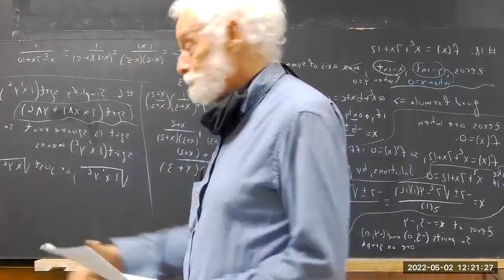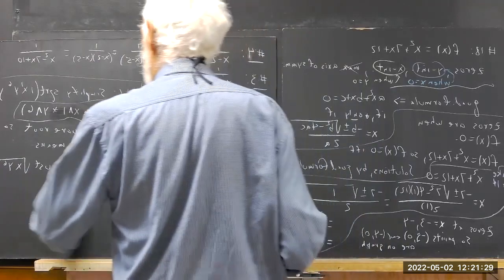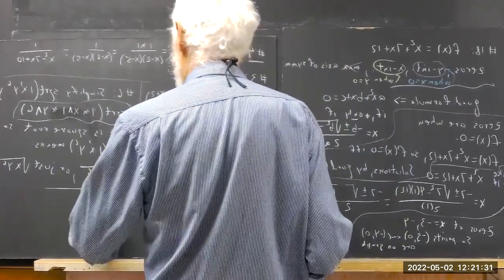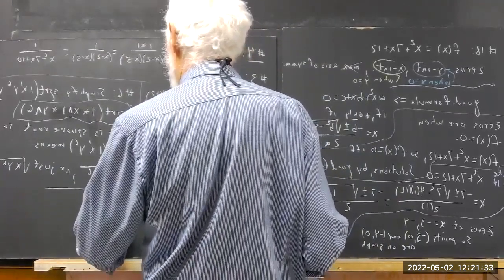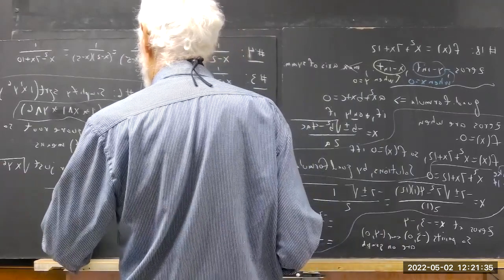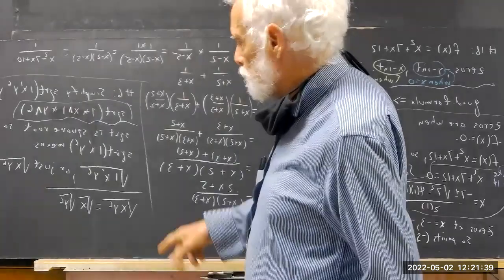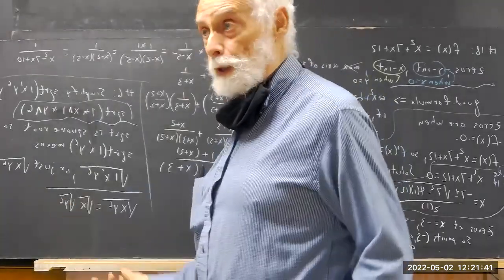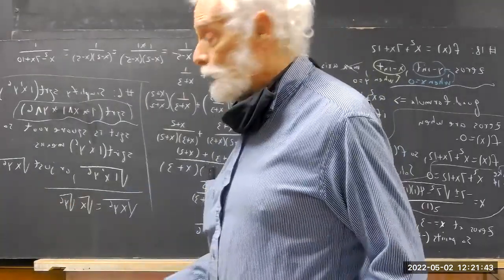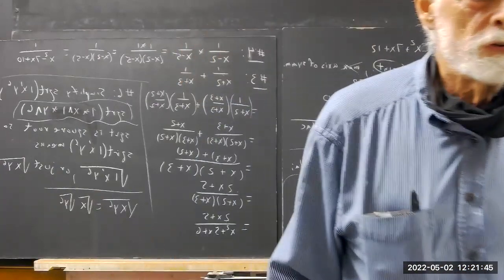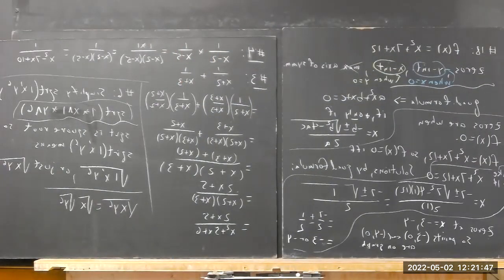So the square root of x, y to the sixth is the square root of x times the square root of y to the sixth. Now, what's the square root of y to the sixth?